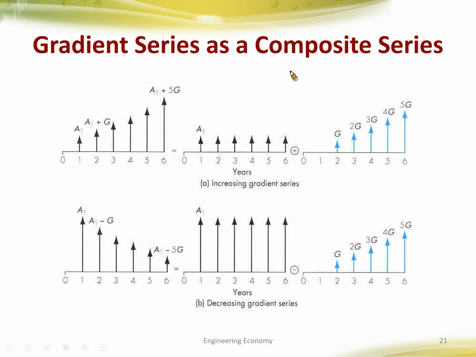The remaining will be exactly the same as we saw in the previous slide. That is starting from the end of the first period, which is 0, and then we have this increment of G, right?